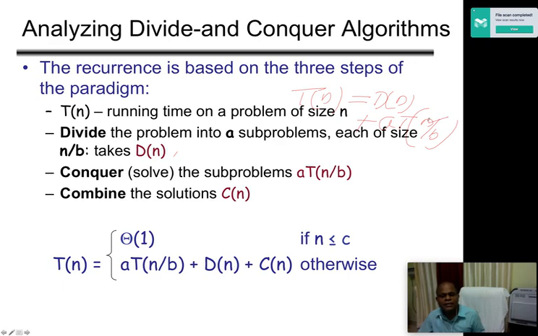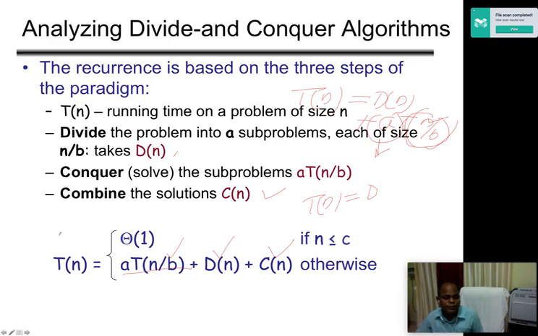If n elements are there, each sub problem will take n by b elements, and there are a sub problems. Combining the sub problems takes, say, C(n). Hence T(n) will be D(n) plus a T(n by b) plus C(n). This is for conquer, D(n) is for divide, C(n) is for combine.